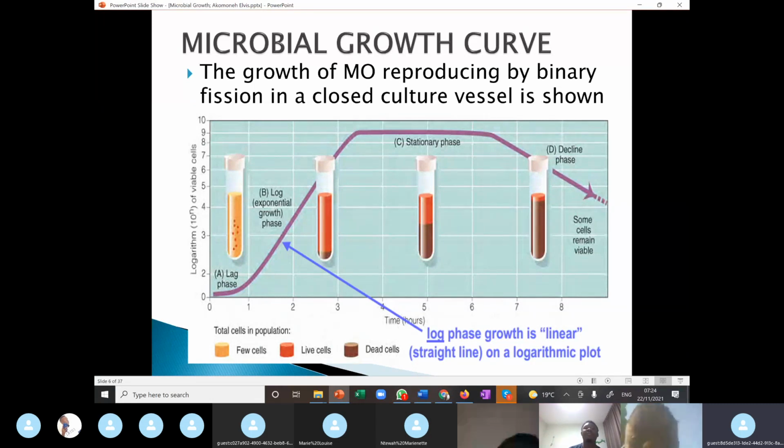So at one point, growth is halted. At this stage, called the stationary phase of the growth cycle, the rate of division equals the rate of death. Some cells begin to die because of these factors I just enumerated. They don't have enough nutrients to compete for food.